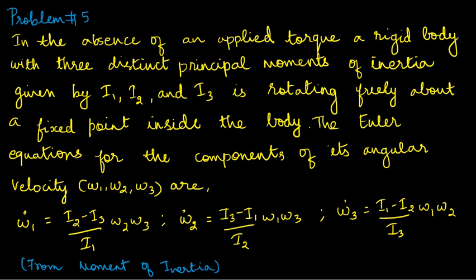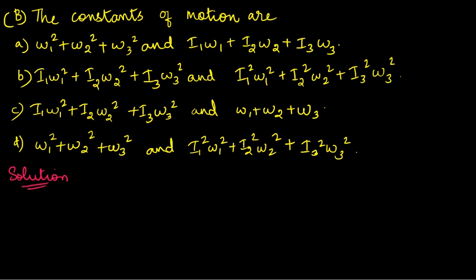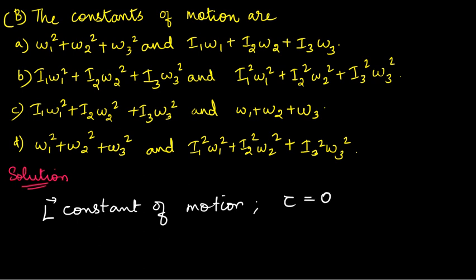Similarly, using the same whole Euler equations question, we have to find the constants of motion. First, just remember that in these Euler equations we have two constants of motion. One, L will be a constant of motion. Why? Because here torque is 0, that is, there is no torque applied.